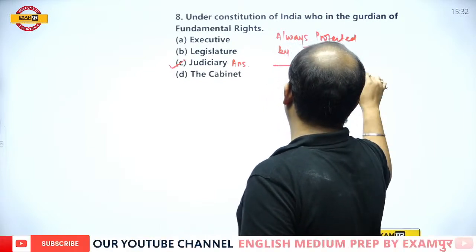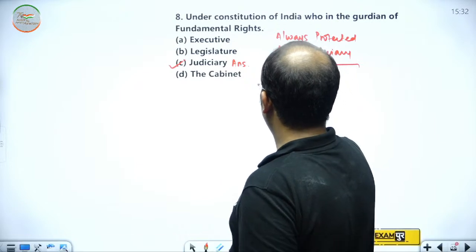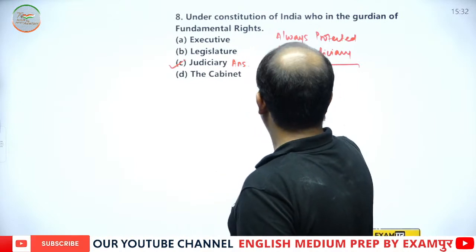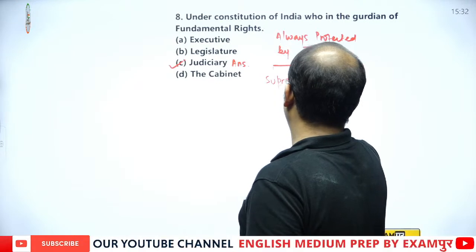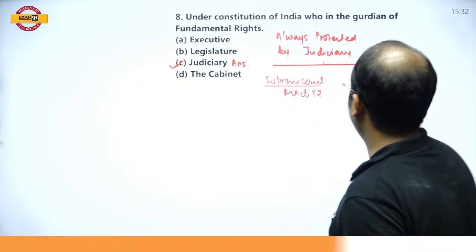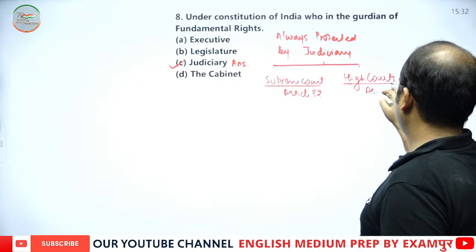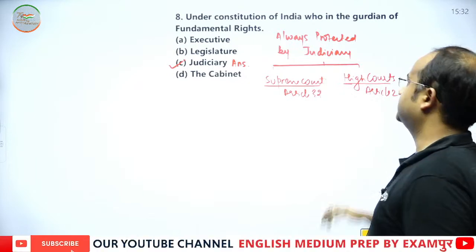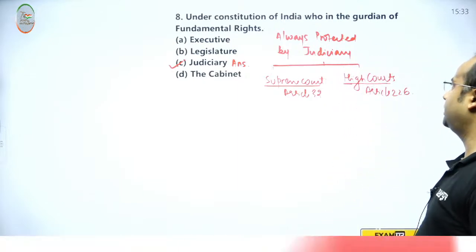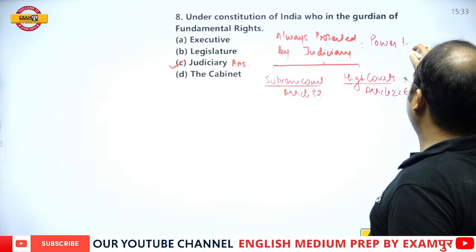The Supreme Court protects them through Article 32, and the High Courts through Article 226, because they have the power to issue writs.